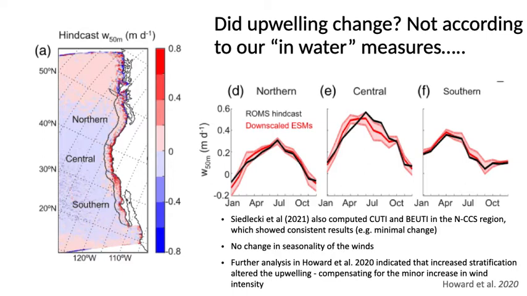If the black line falls within the envelope of the red, then you don't see very much change. There are some places in time where you would see a bit of modification, but overall there's not much alteration in the upwelling, despite the increase in the intensity of the winds. Further analysis in Howard, which you can go check out, indicates that there was increased stratification, which altered the upwelling, thus compensating for the minor increase in the wind intensity. There's also no change in the seasonality of the winds in the results that we analyzed.